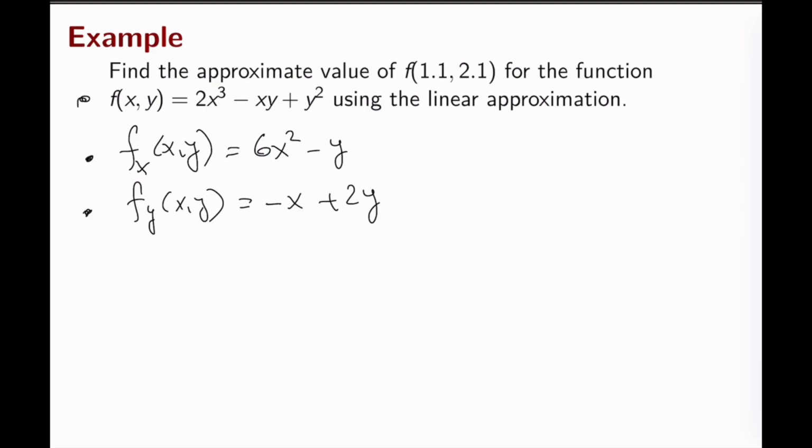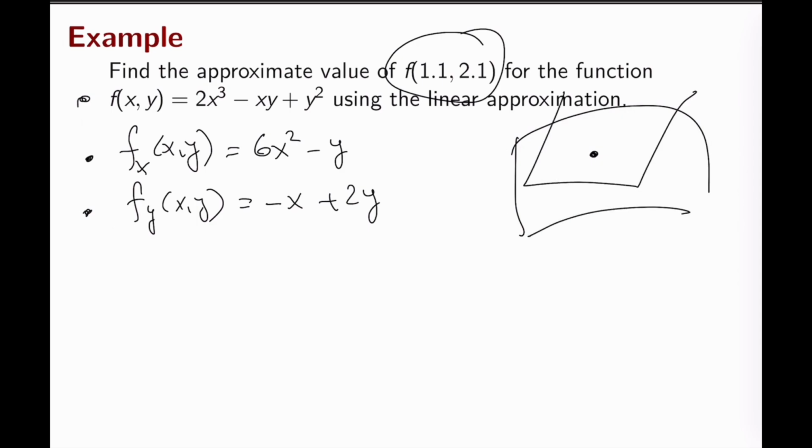We need to evaluate all these three functions at the point, but at what point? Observe that we want to calculate the value at (1.1, 2.1). We have to think about what this point is close to. It looks close to (1, 2). So (1, 2) is the point around which we want to approximate the surface by a plane.